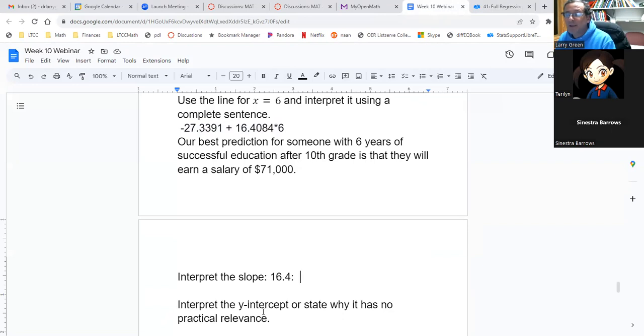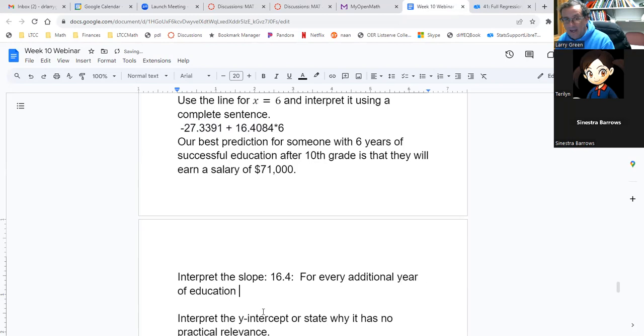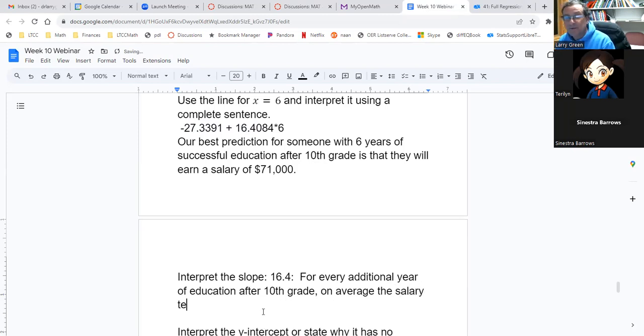X changing by 1 means for every additional year of education after 10th grade, on average, the salary tends to go up by $16,400.